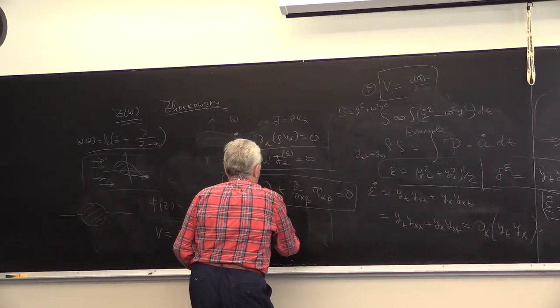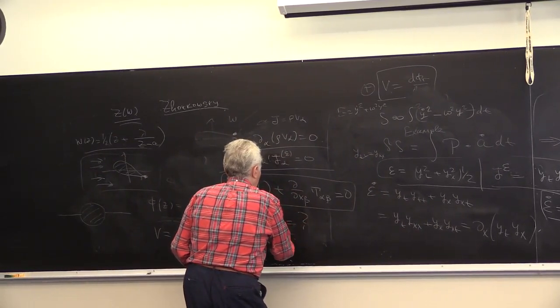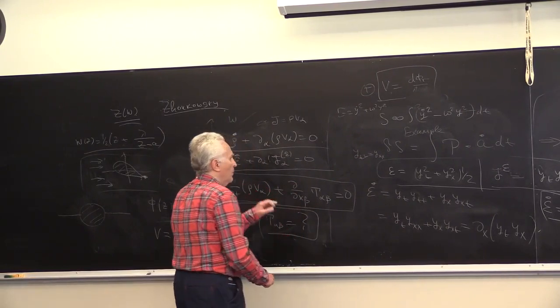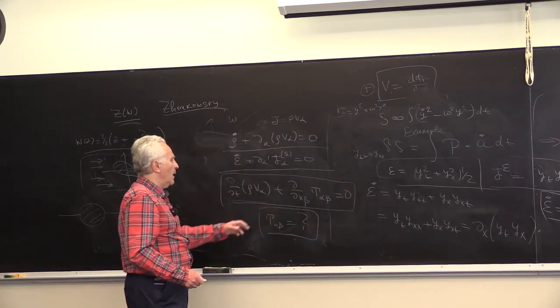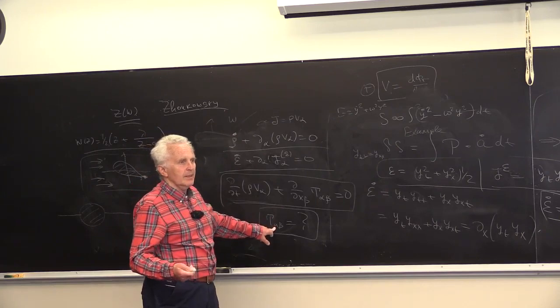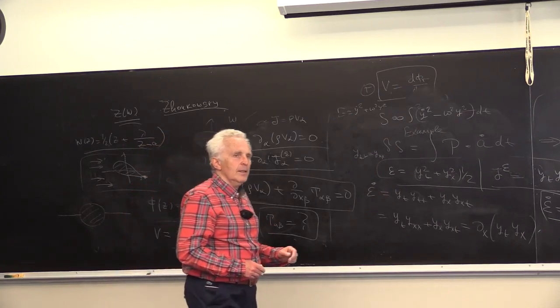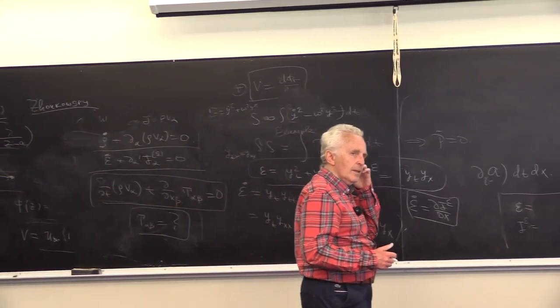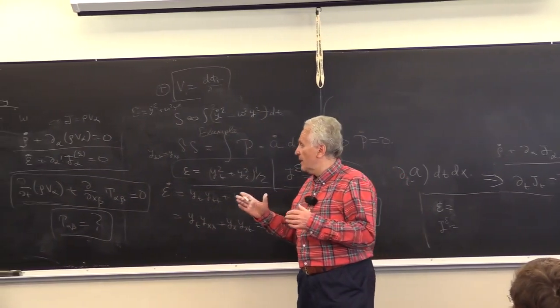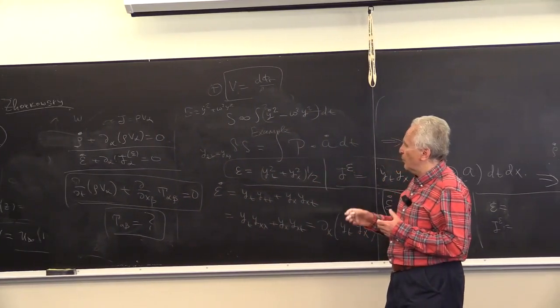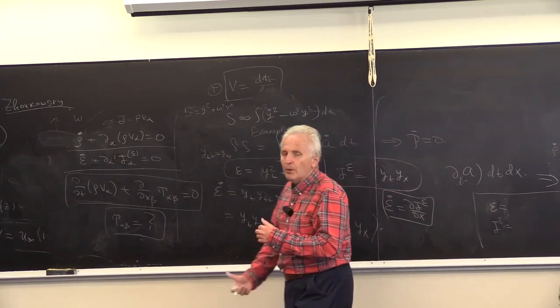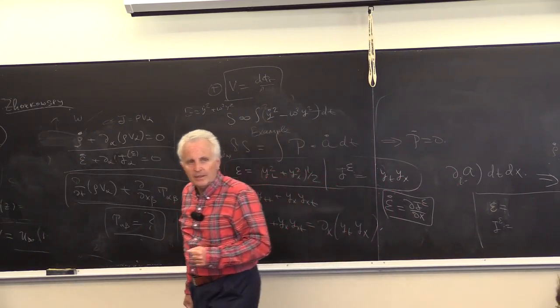T alpha beta is equal to something we should find. What is its physical meaning? Each component of momentum goes into each of the three directions? Yes. It's the flux of the alpha component in the beta direction.